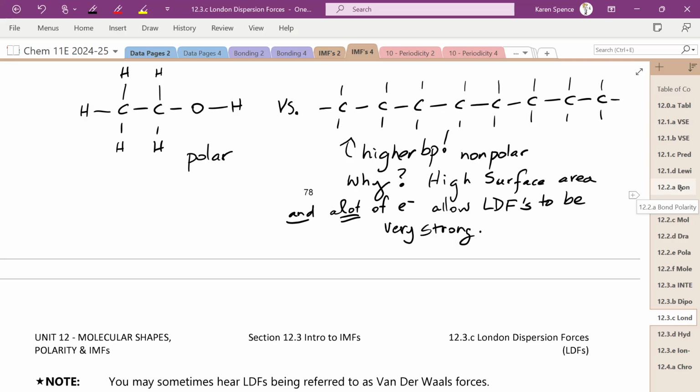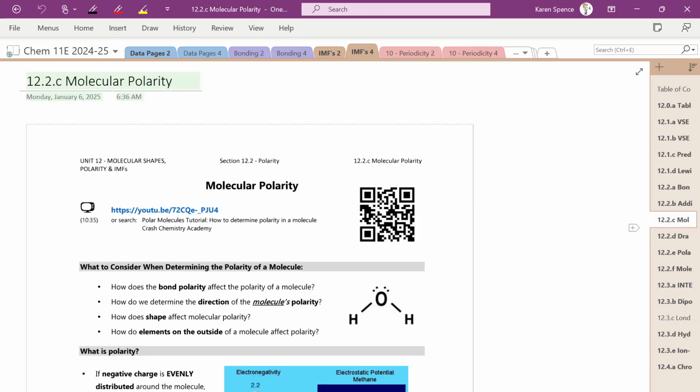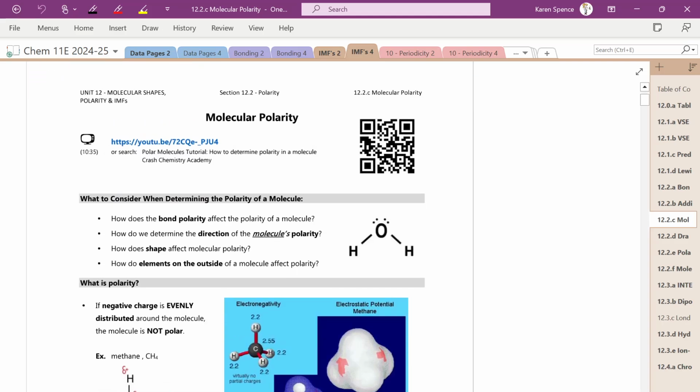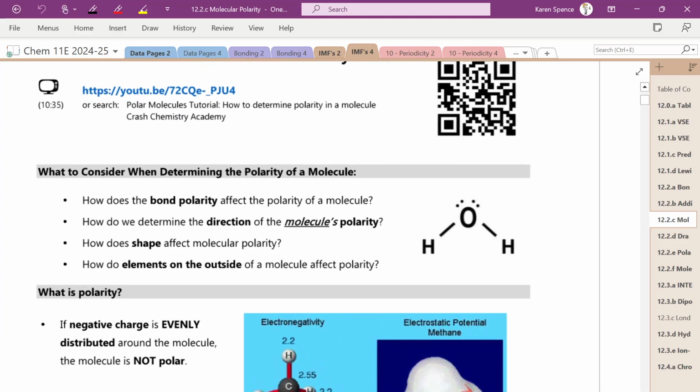I did also want to take a quick look at 12.2c. We're not going to do this in depth because I think a lot of you have a good intuition about what molecules are polar or nonpolar.